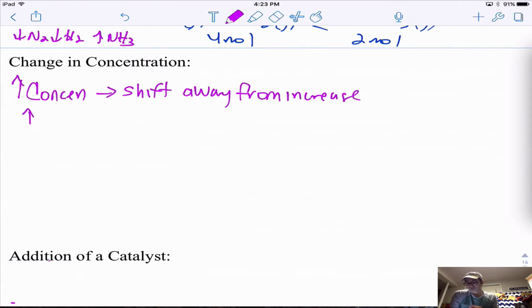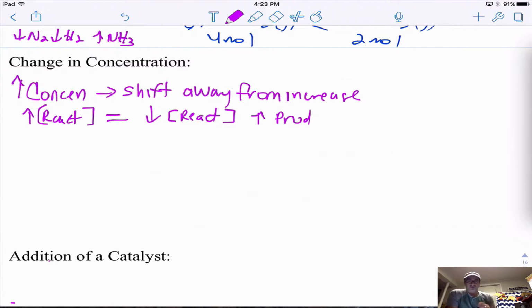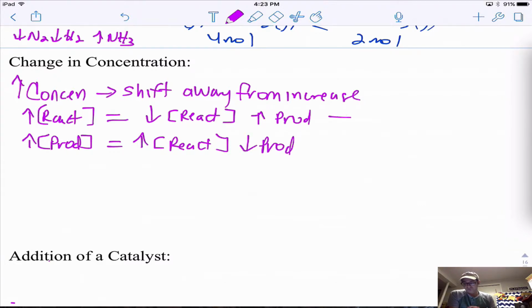So if we increase the reactant concentration, it will result in a decrease in reactants and an increase in products. Now, if we were to increase the products, that would result in an increase in reactants and a decrease in products. This first one over here is a shift to the right.